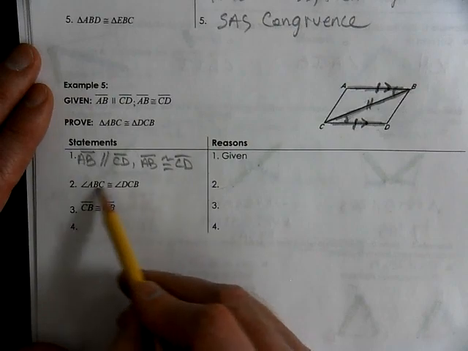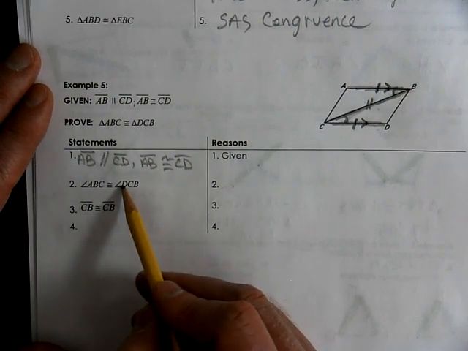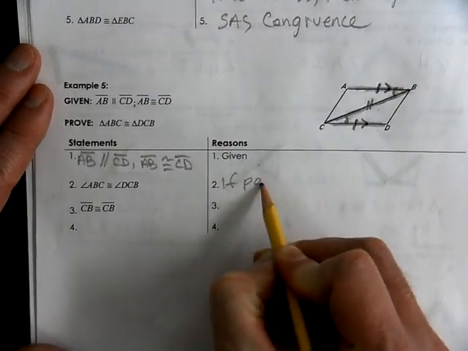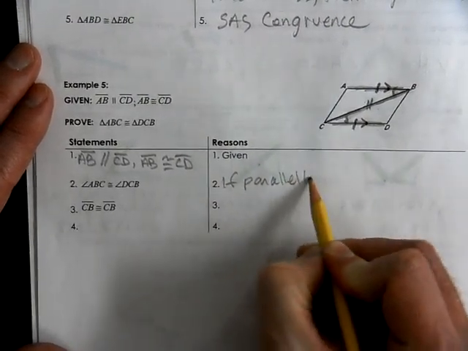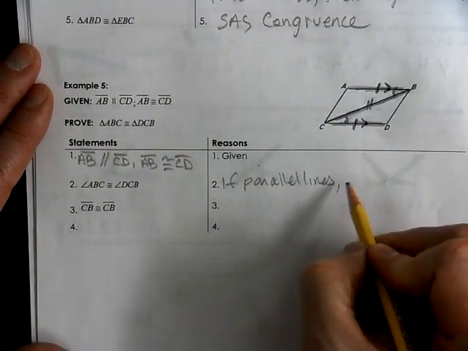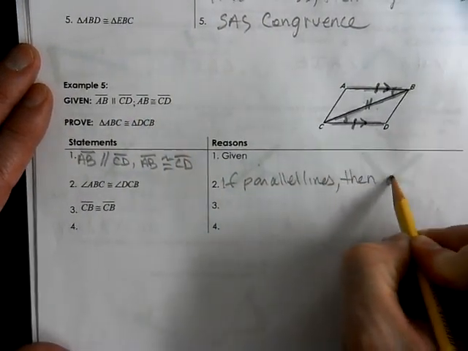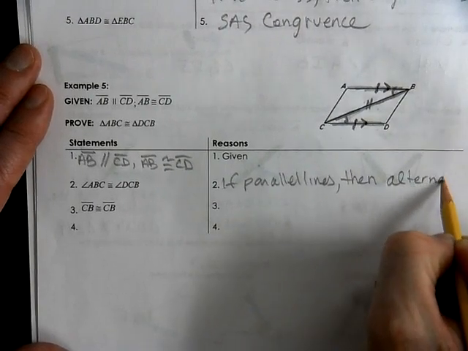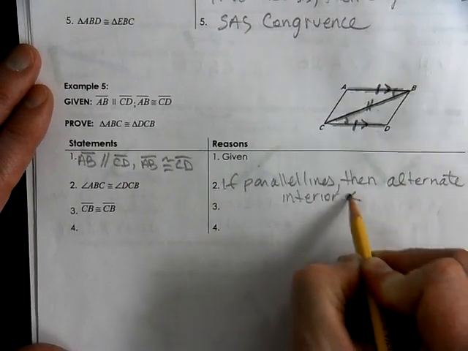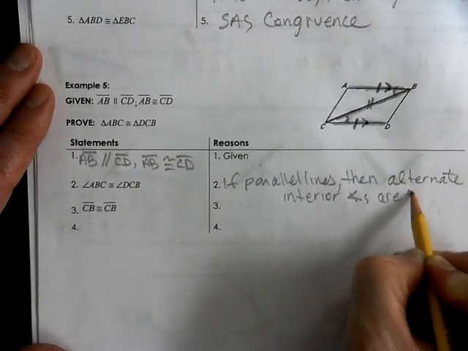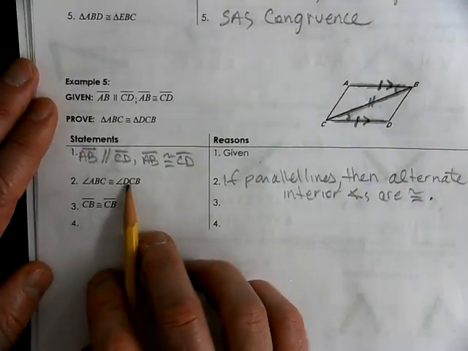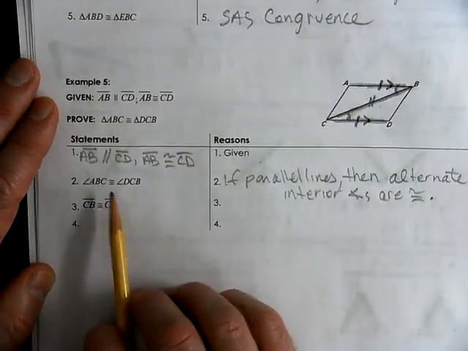Now we're going to talk about angles. Since we have parallel lines, then alternate interior angles are congruent. That's the angles. That's where they came from. That was the zigzag.